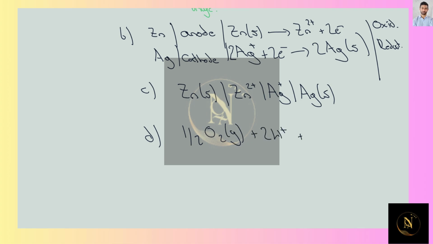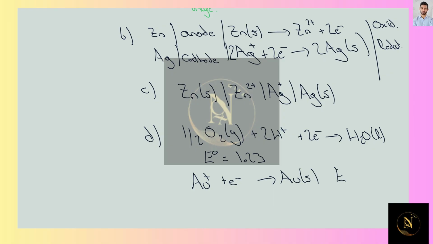O2 plus 4H plus 4 electrons produces water. This one has a potential of 1.23. And the other one that we are interested in is gold plus 1 electron, which produces gold solid at a potential of 1.68.